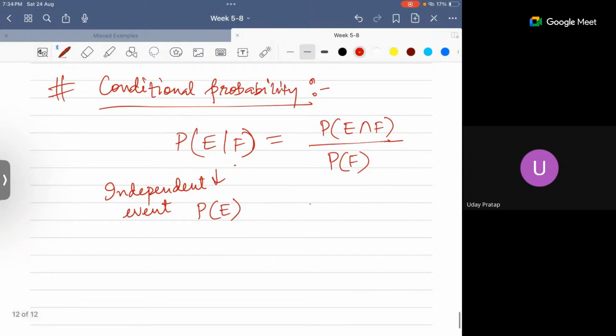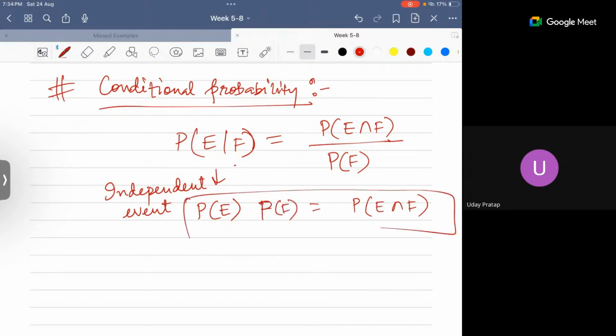So for any independent event, whenever you are able to show mathematically that probability of E into probability of F equals probability of E intersection F, then you can say this is an independent event.